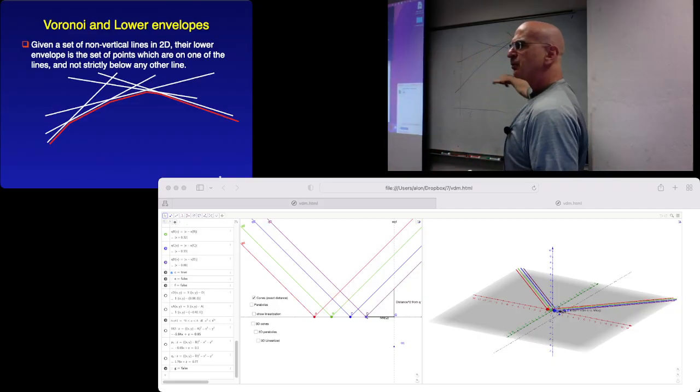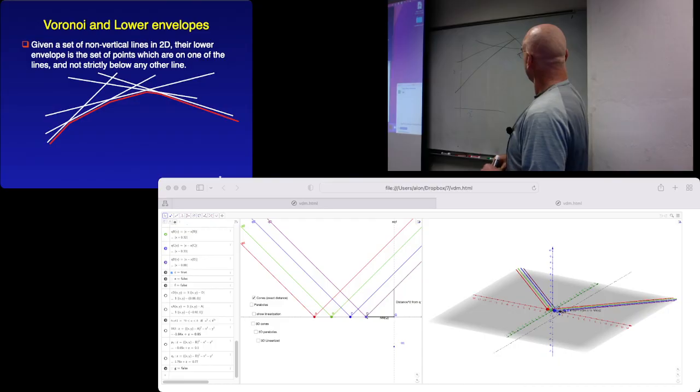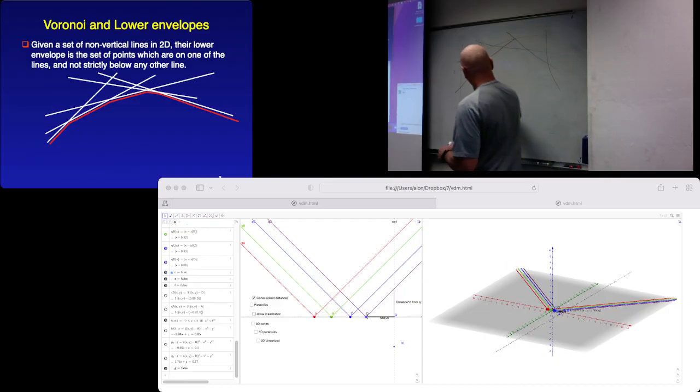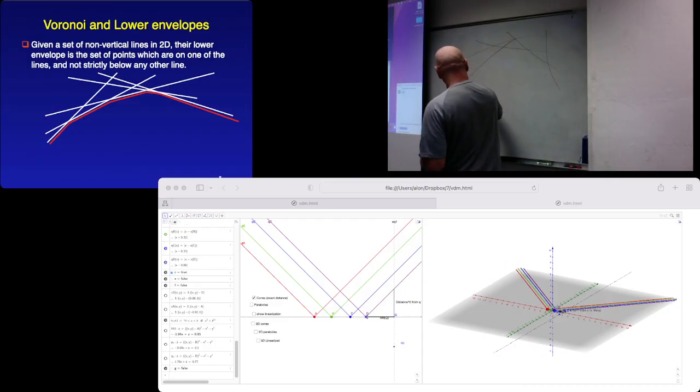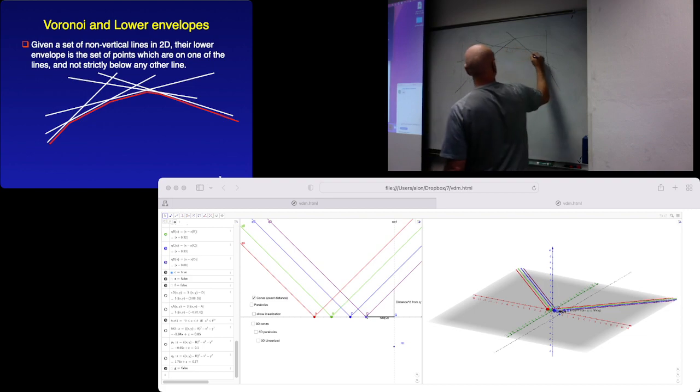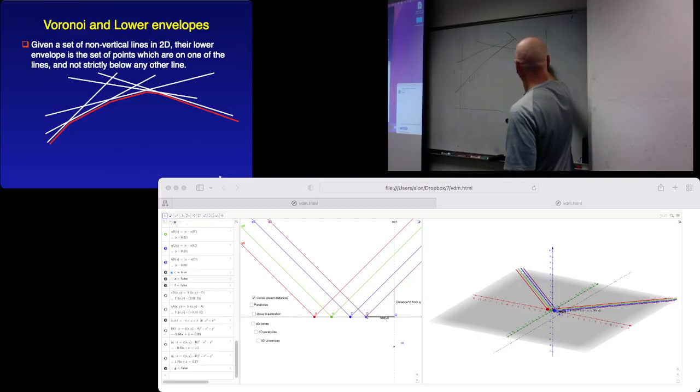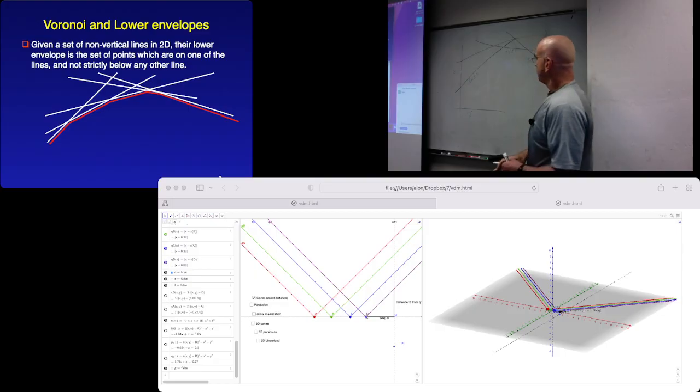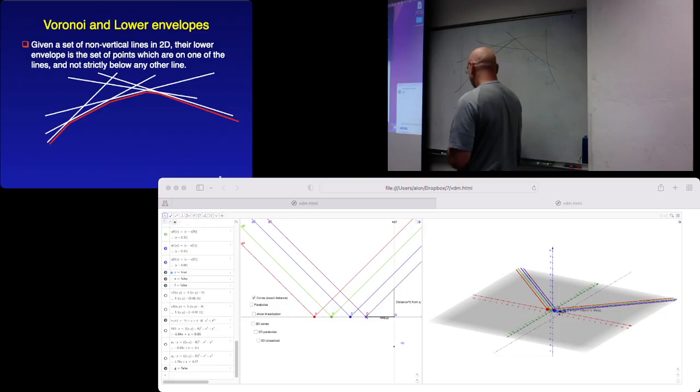You'll see in a second why I prefer to use Z rather than Y. So I have a set of functions Z equals F, let's call this one F1 of X, this will be F2 of X, F3 of X, F4 of X, and the lower envelope, sometimes you'll hear it called the minimization diagram.